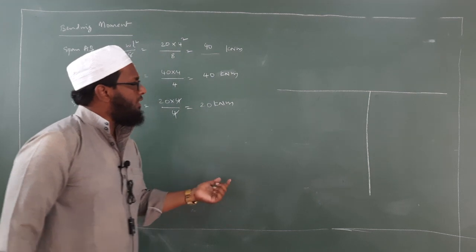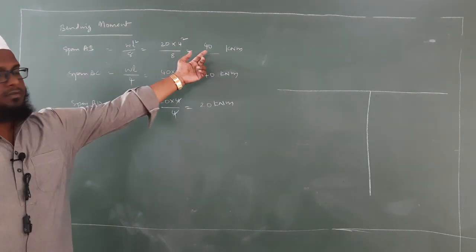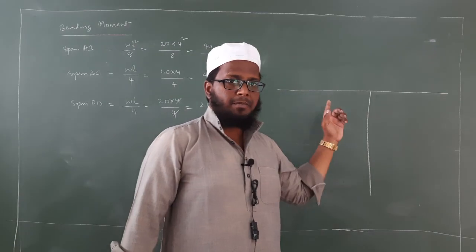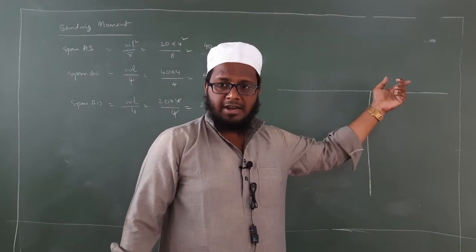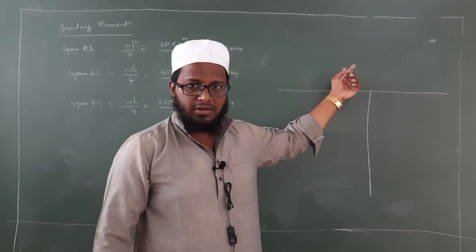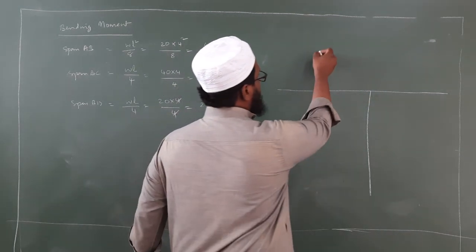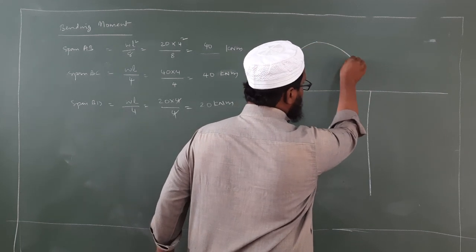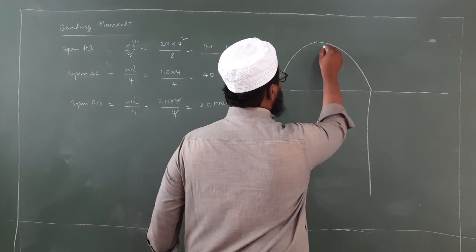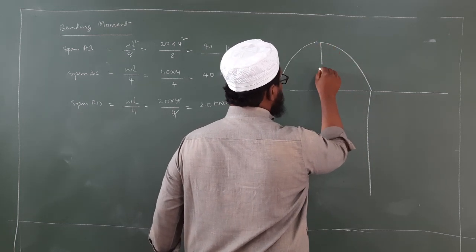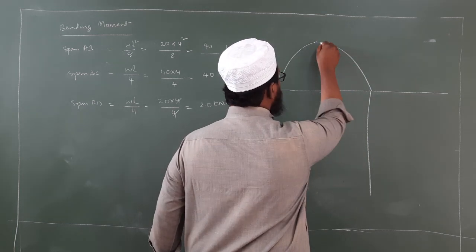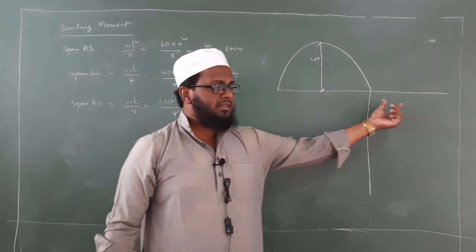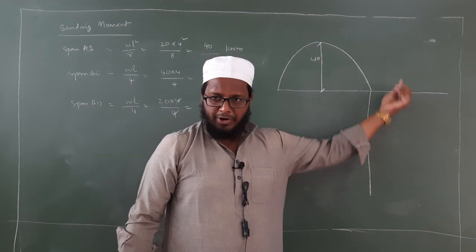What is the bending moment you got for span AB? 40 kilonewton meter. So whether this 40 kilonewton meter should be parabola or an inclined line. We have a UDL on span AB, isn't it? So it will be a parabola. That is, this distance is 40. Okay. Next, on span BC we have central point load, isn't it?